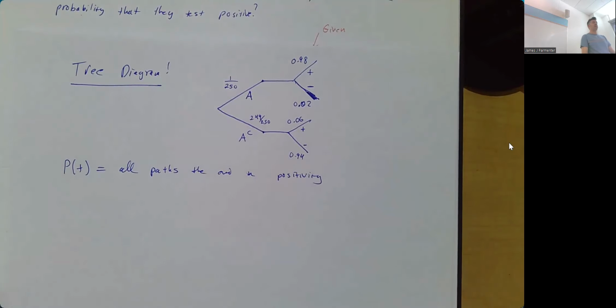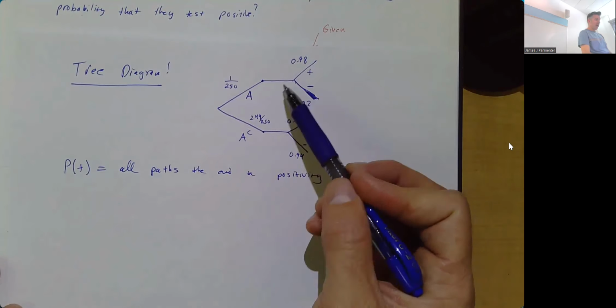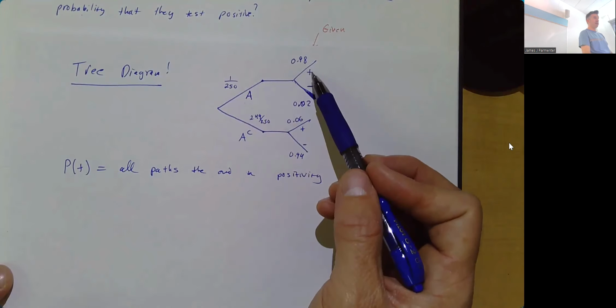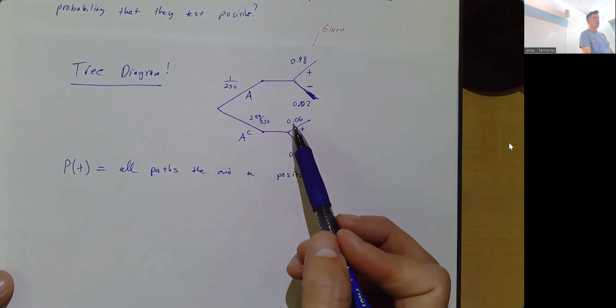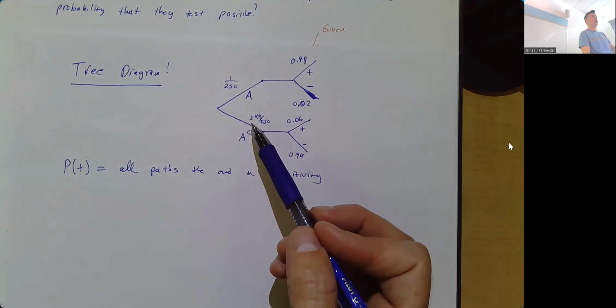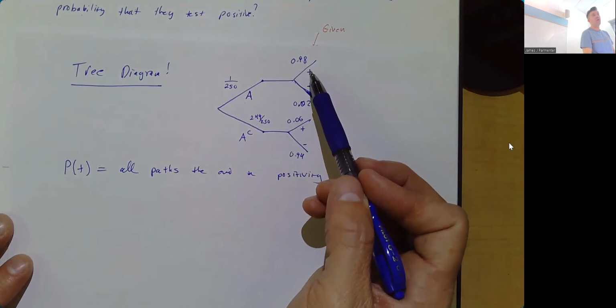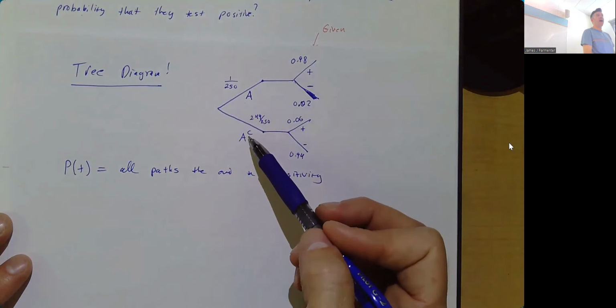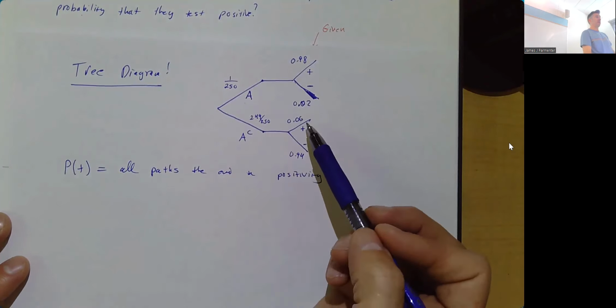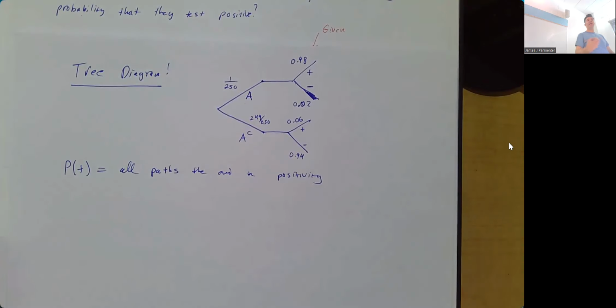How many paths get me to positivity? Well, I can either go along this path and have the disease and then test positive, or I can go along this path. Oh, notice I said or. So I can have the disease and test positive, or not have the disease and test positive. That should completely spell out what we need to multiply together and what we need to add together.